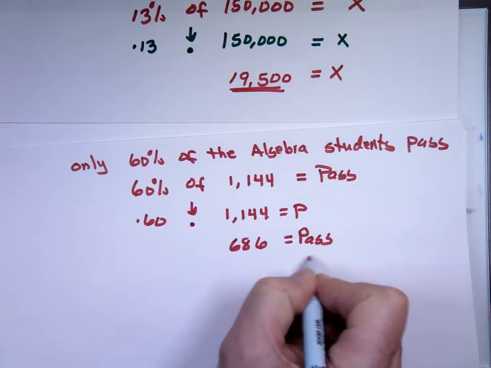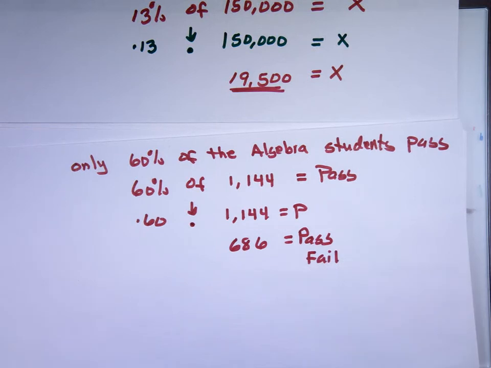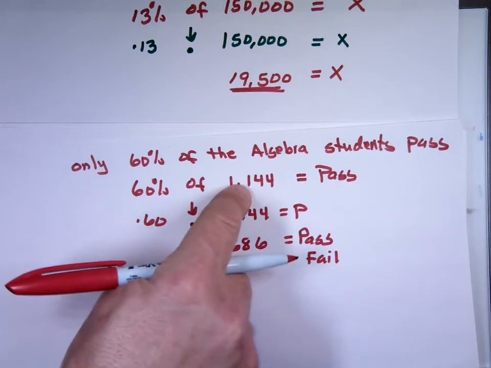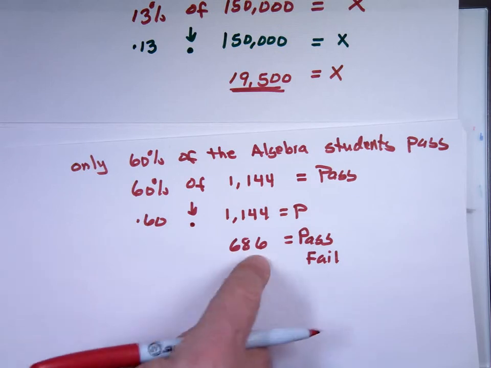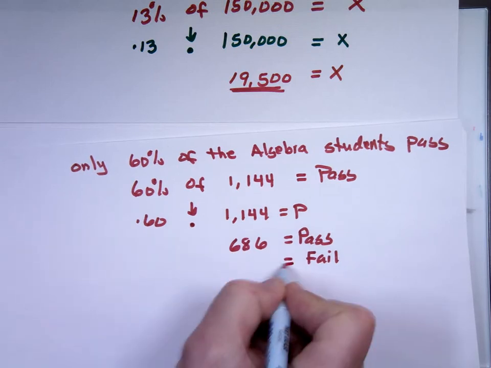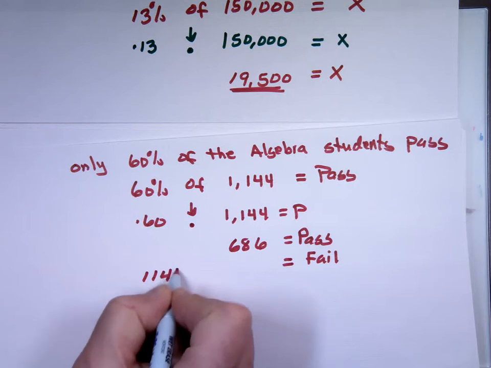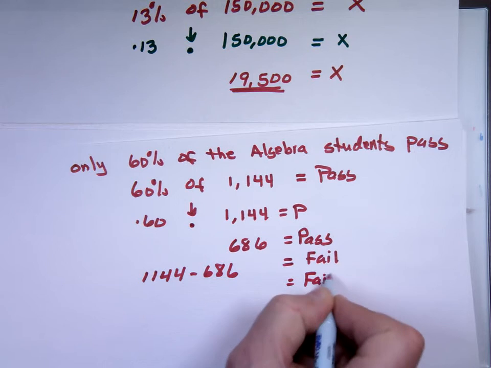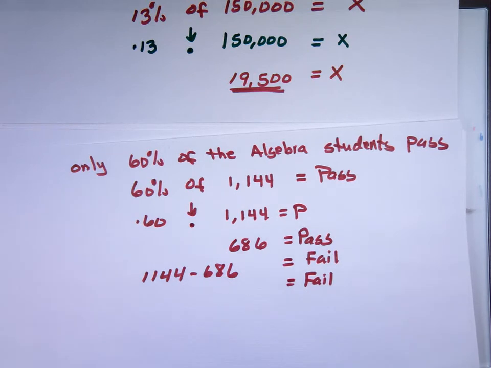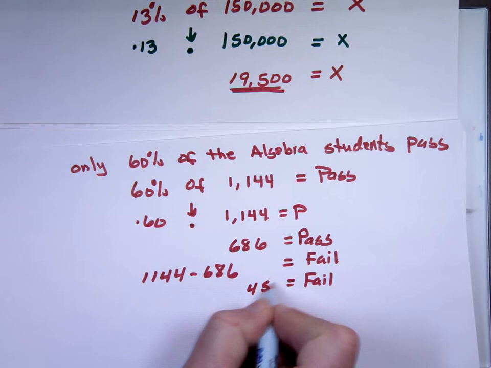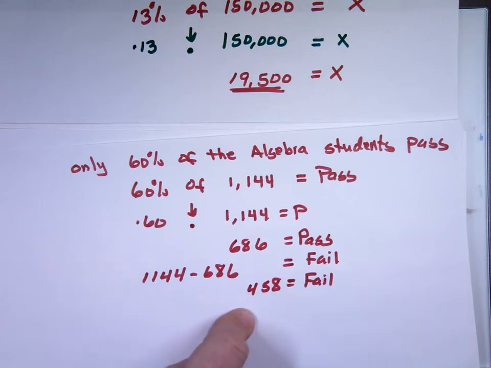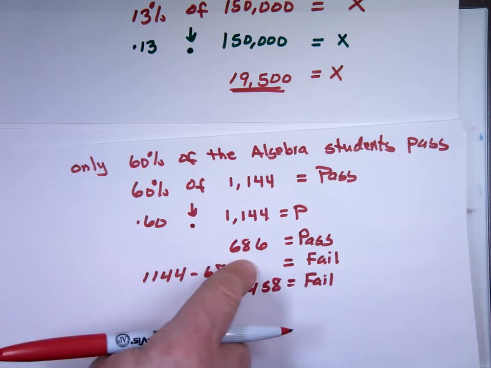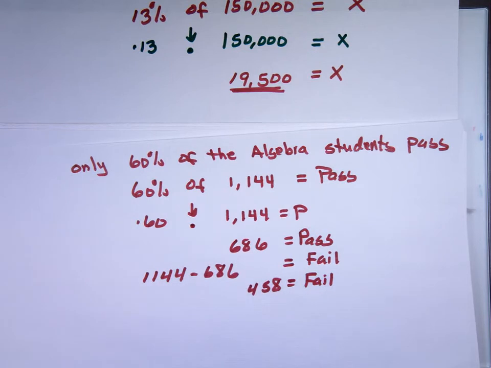How many will fail it then? If 1,144 people take the class and only 686 pass it, the people who fail is going to be what? 1,144 minus 686. 458 people this semester will fail. 686 students will pass, based on the previous study.